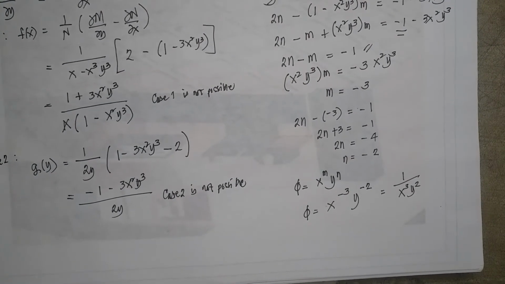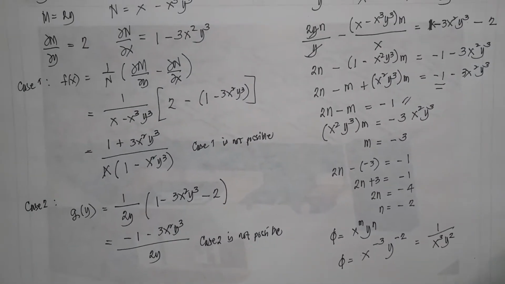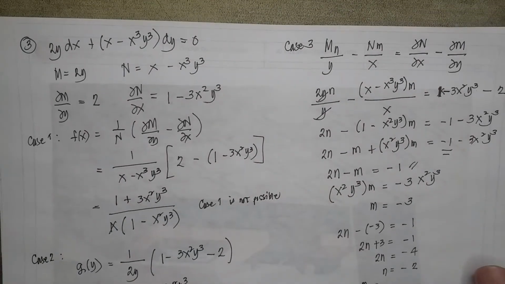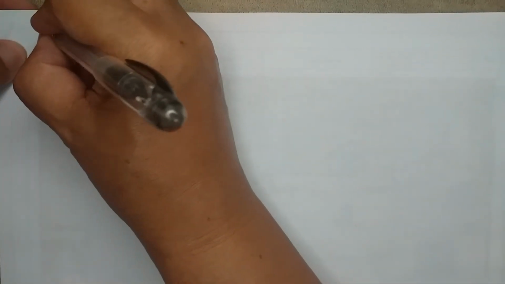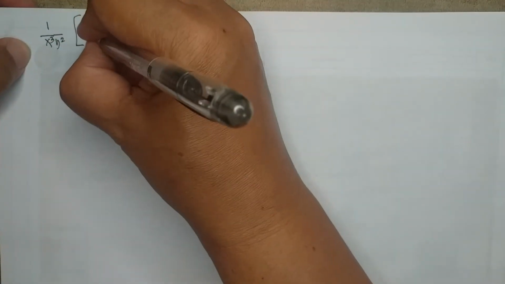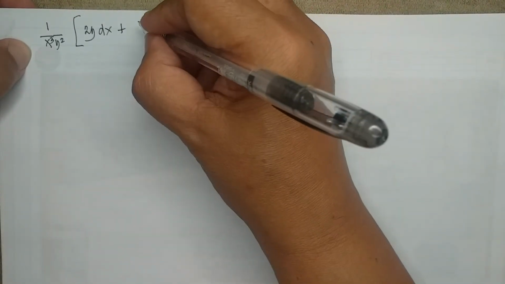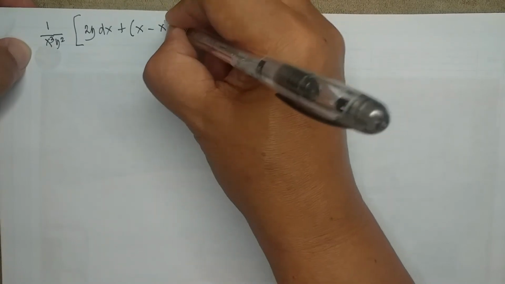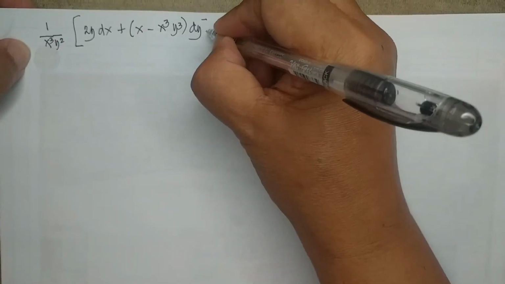Next step is to multiply this integrating factor on, again, the original equation. So we have integrating factor times the original equation 2y dx plus x minus x cubed y cubed dy is equal to 0.